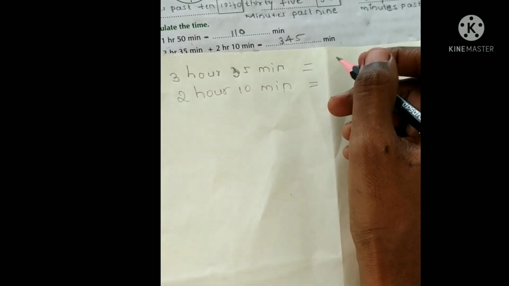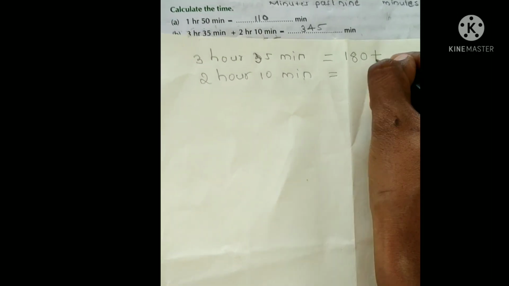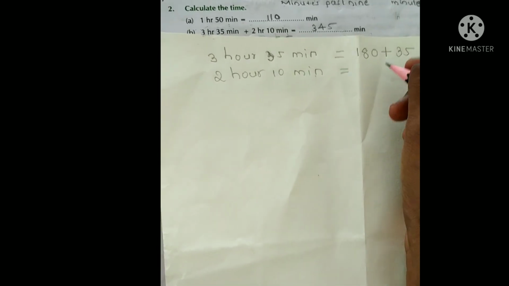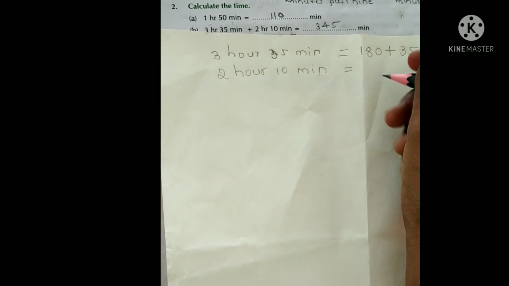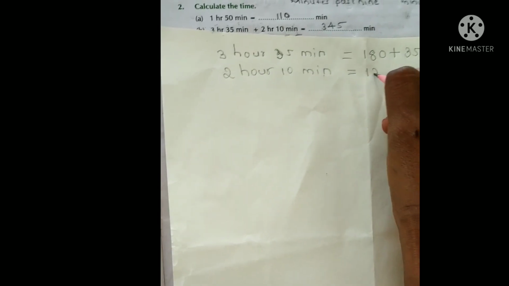Convert this in terms of minutes. 3 hours means, in 1 hour how many minutes are there? 60 minutes. So 3 into 60 is 180 minutes, plus 35 minutes. And 2 hours means 120 plus 10 minutes.